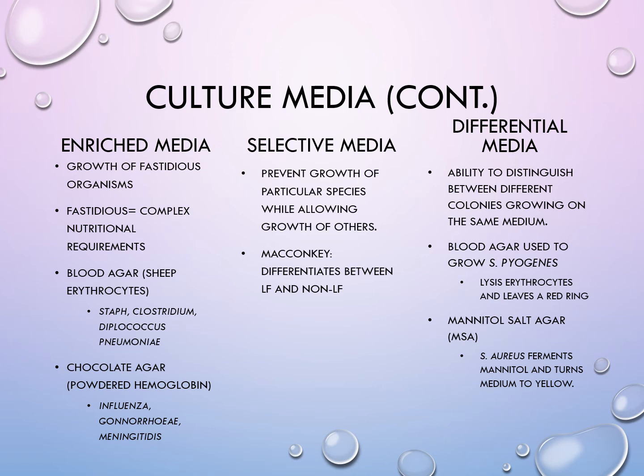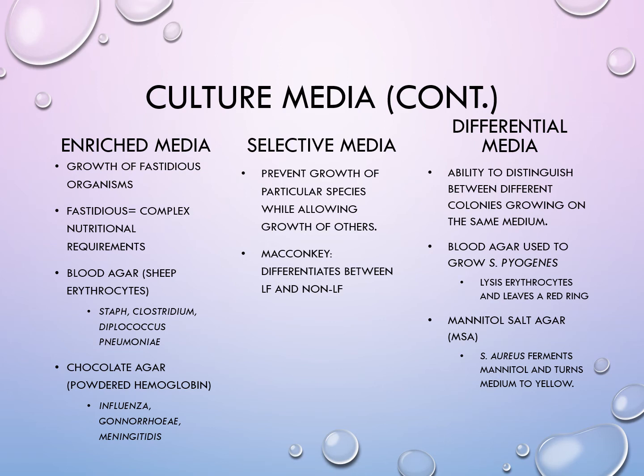And so then we have selective media, and selective media, just like the name suggests, is going to select for a certain type of bacteria to grow there, and it's going to inhibit other types from growing there. Okay, so one example is the MacConkey agar. It is selective and it's also differential, which means that it can help us distinguish between different types of bacteria.